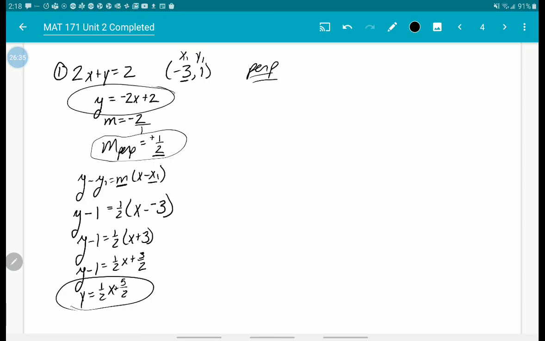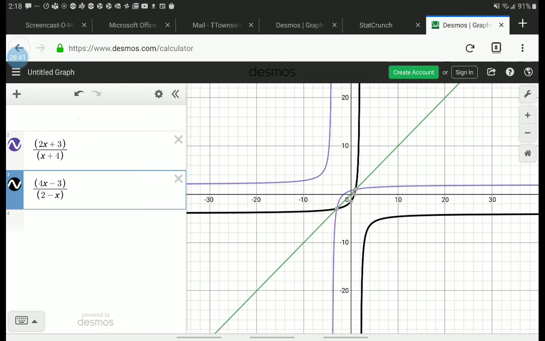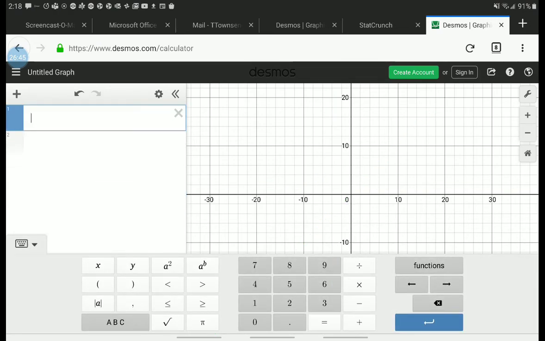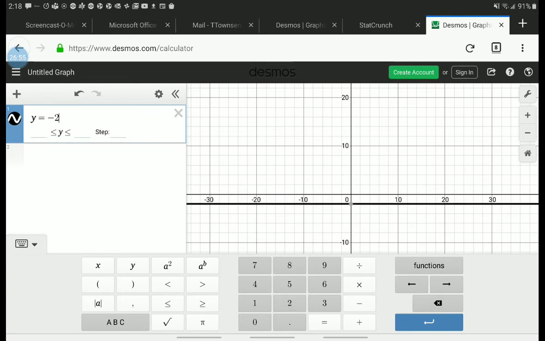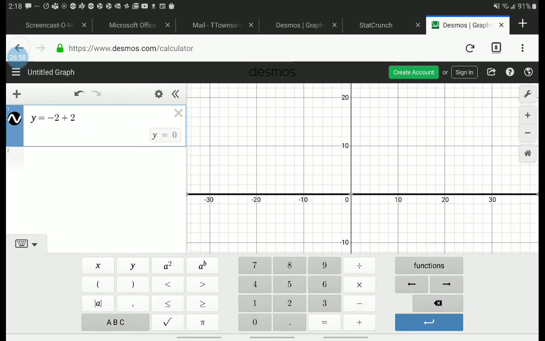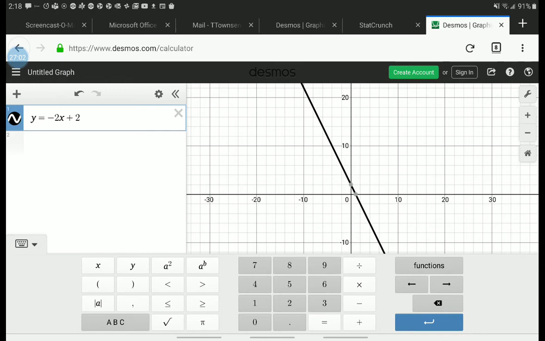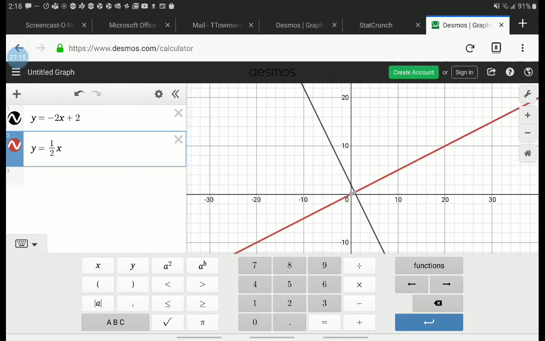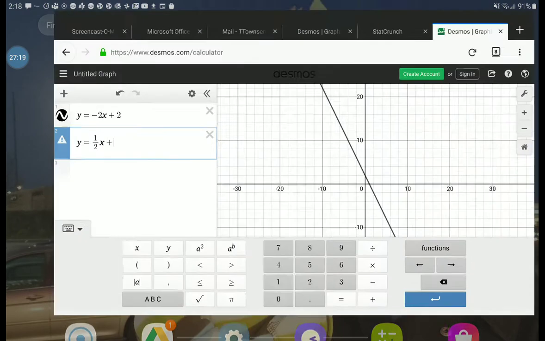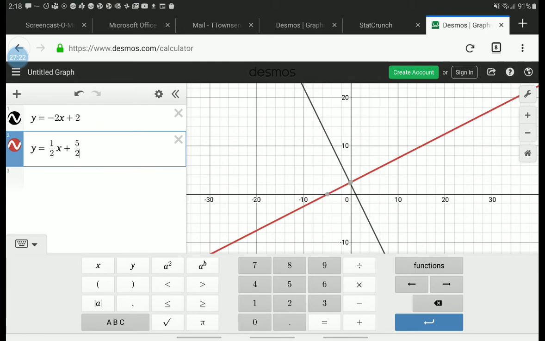Now, let's graph these in Desmos so you can see what they look like. So there's our first line, y equals -2x plus 2, and the one we just found is that one.